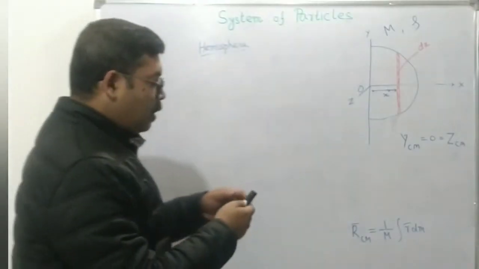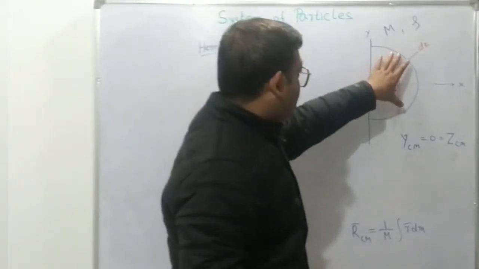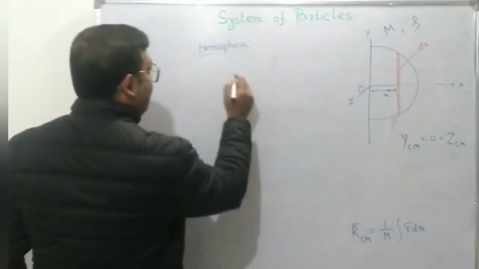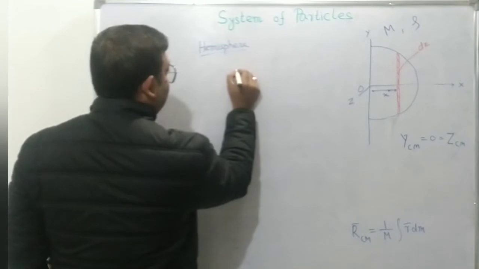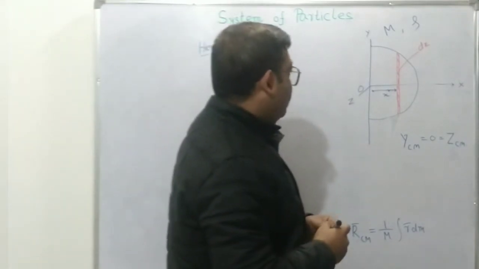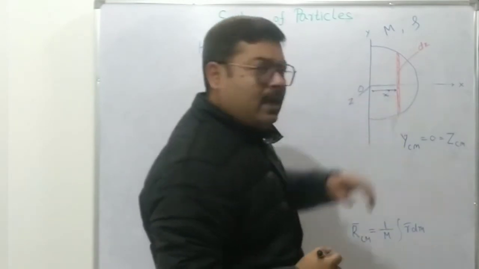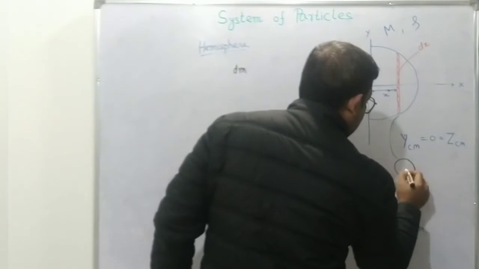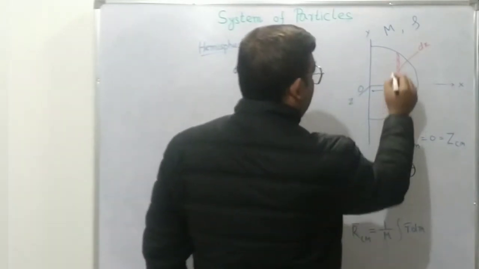So to find the mass of the element dx, the dm, what we need to find, notice is that this element is itself actually a disk, having a radius equal to this much.